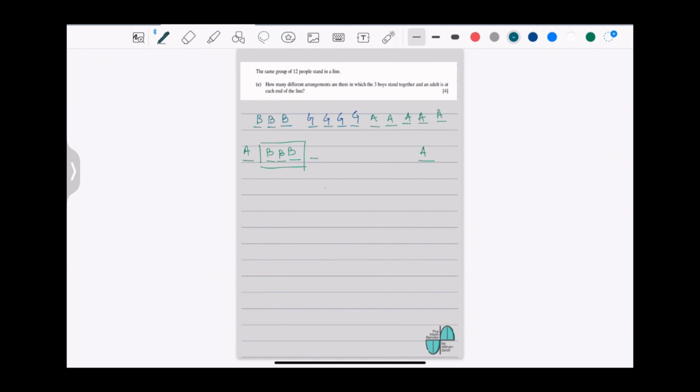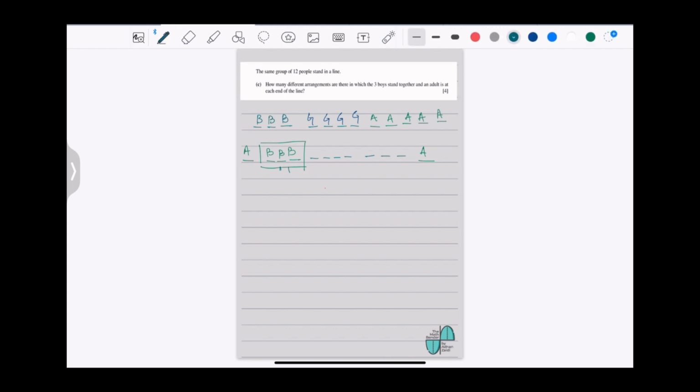Rest of these 4 girls and 3 adults. So now notice that this whole bunch of boys can shuffle within these slots, like the case where we talked about all men together.